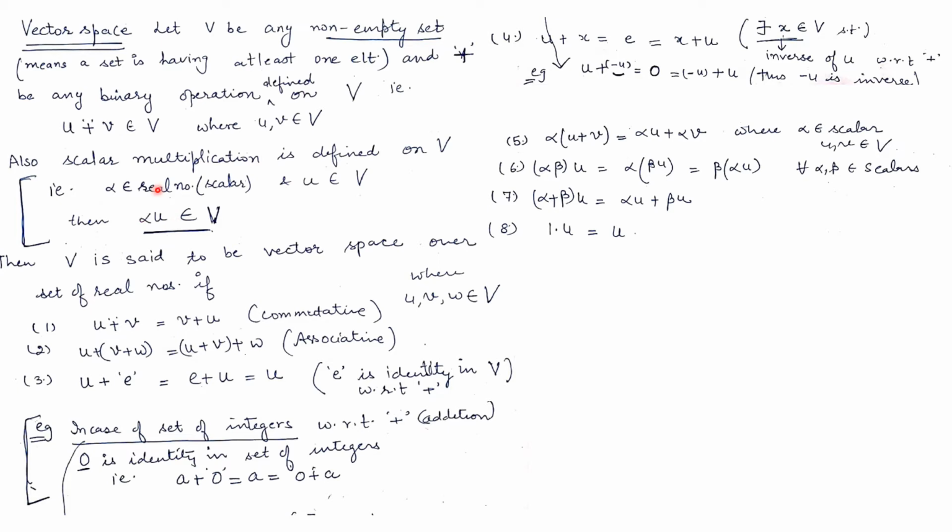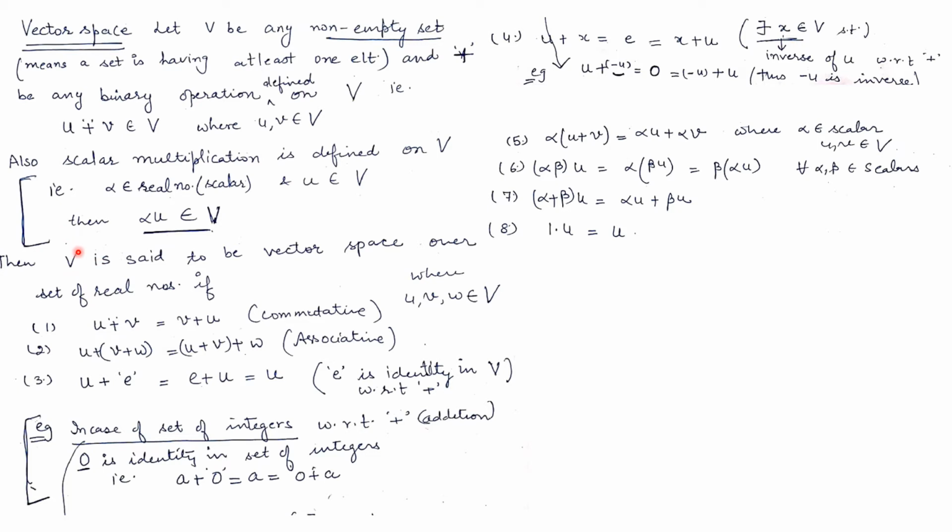Once again, you are given any non-empty set V. This operation is defined, this scalar multiplication is defined. Under these two operations, this set V is said to be a vector space over the set of real numbers if it satisfies these 8 properties, right? If even one of these properties fails, then this V will not be a vector space, right?